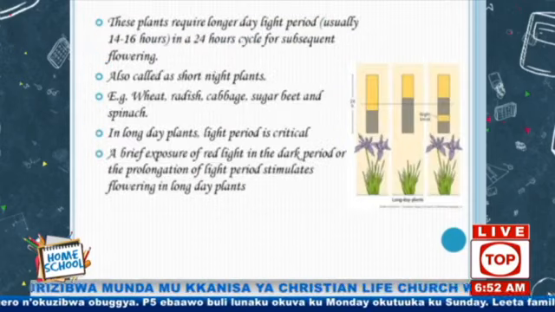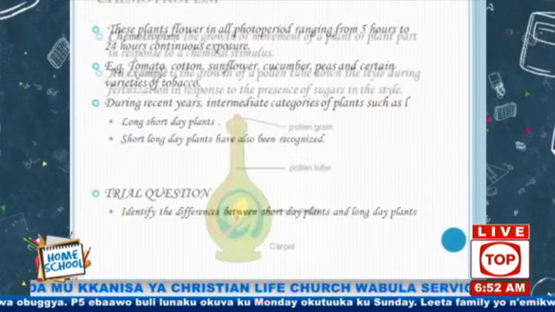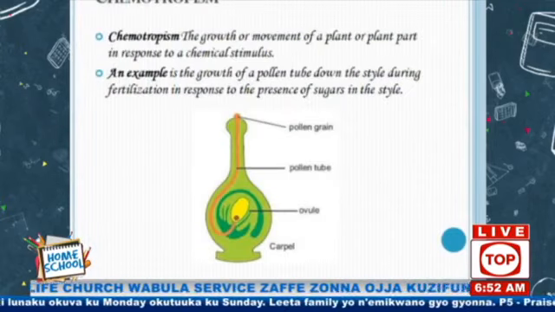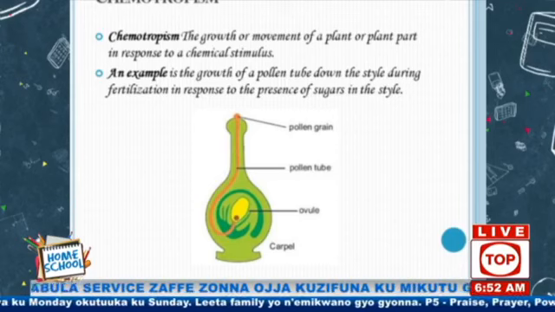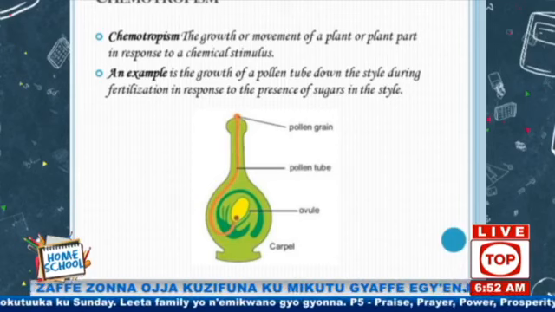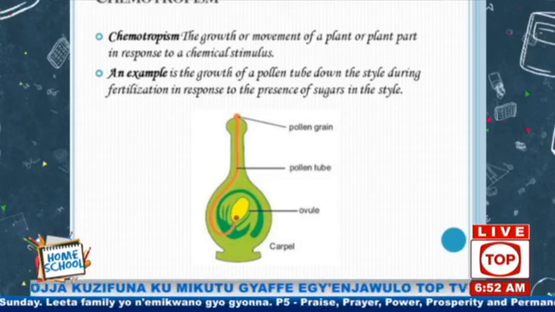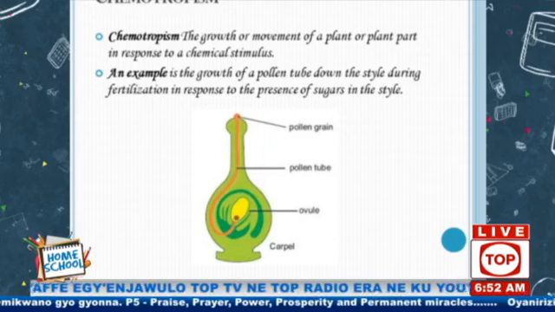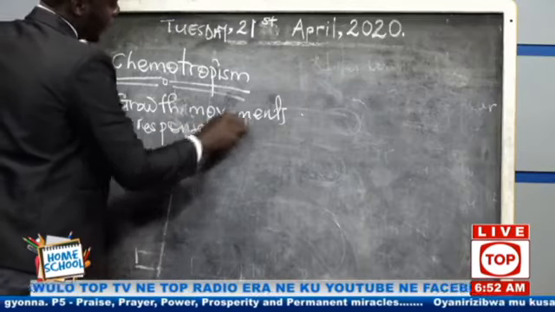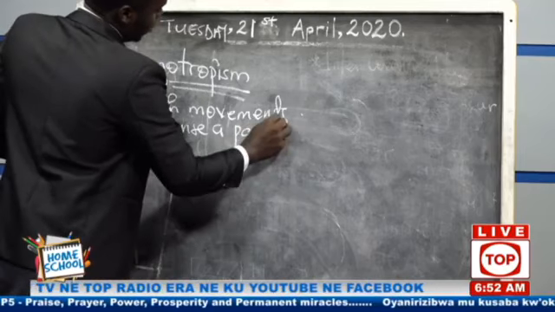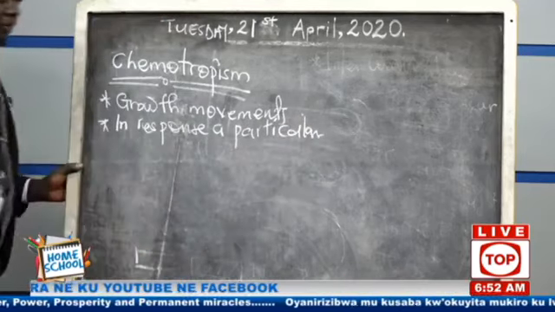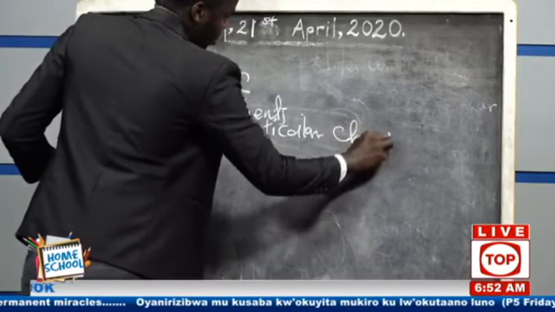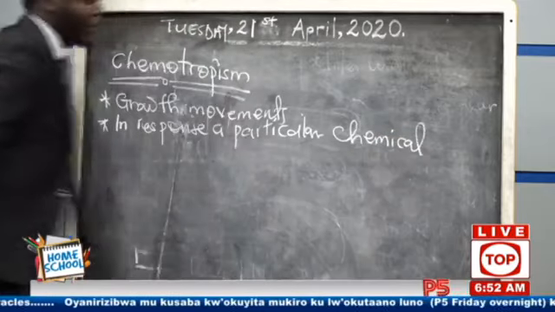So these are growth movements of parts of a plant in response to a particular chemical.